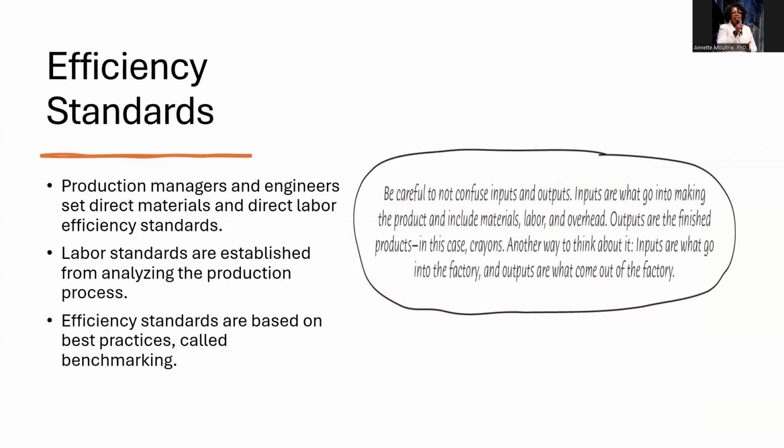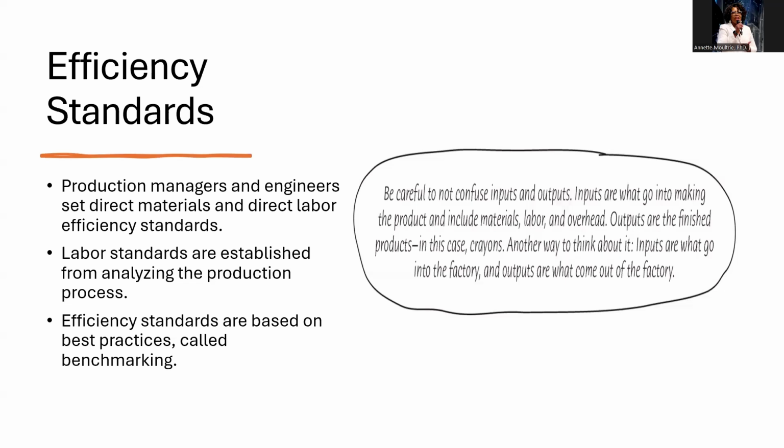Cheerful Colors has carefully analyzed its manufacturing process to establish efficiency standards for direct materials and labor. These standards, also known as quantity standards or usage standards, measure the optimal amount of input needed for production.